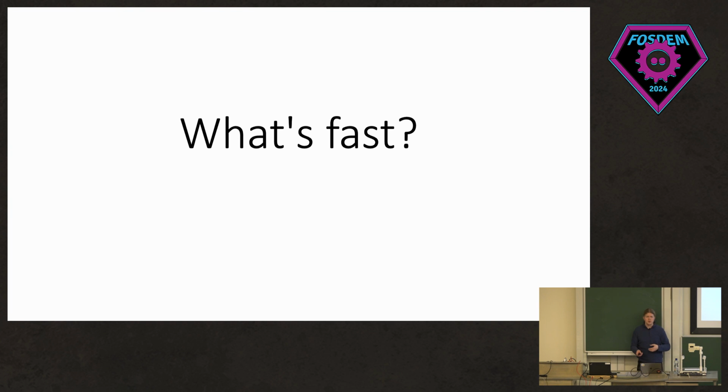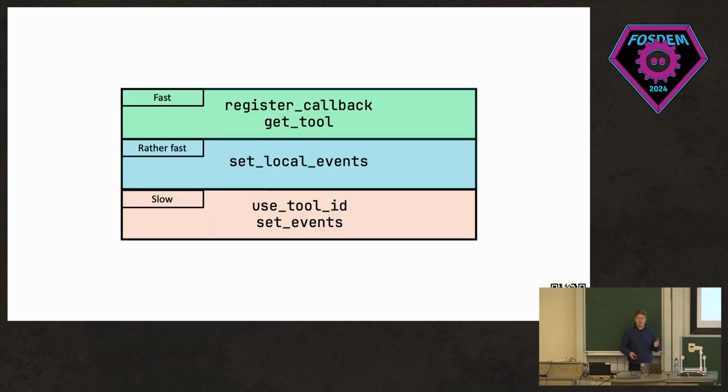And so the question is, of course, what's fast? There are several methods in this PEP, in this API, and what's really fast is to register callbacks. So we can easily switch out the callbacks and get the tool. So we can say, please get the tool ID.